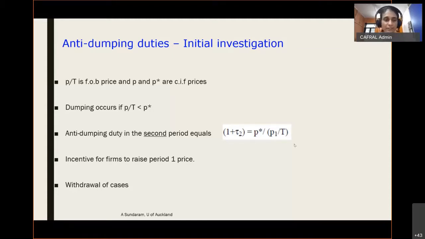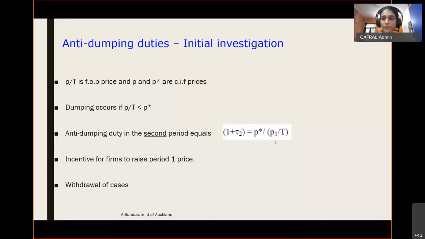Now, the problem with this is two. Dumping duties are very, very problematic because the first thing is there is an incentive for the Turkish firm to simply raise its period one price in order to avoid the dumping duty. Okay. So the firm is going to say, look, anyway, if I sell at P1 over T, I'm going to have to pay a duty to the Indian government, right? Which is the difference between those two prices. So why don't I just directly raise my price to P1 over T?